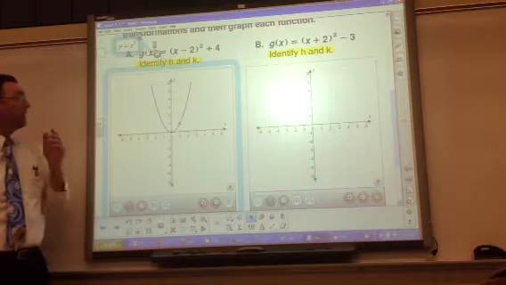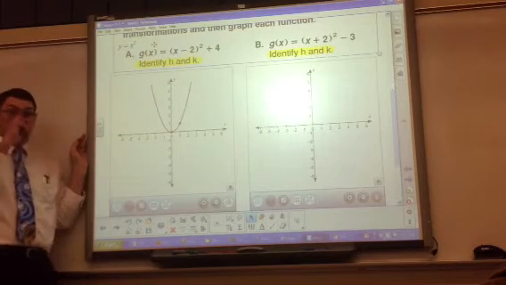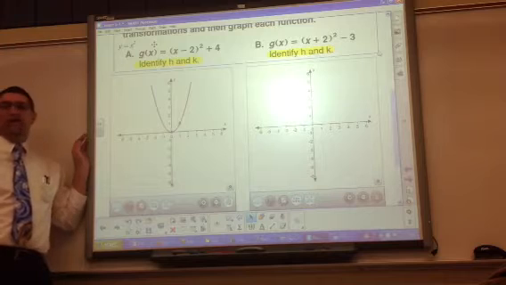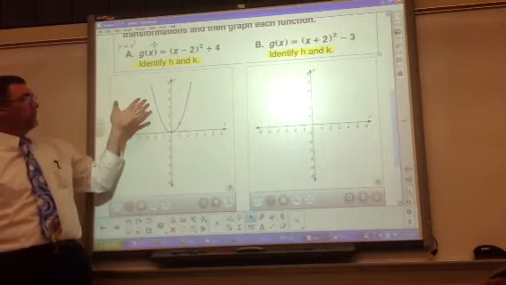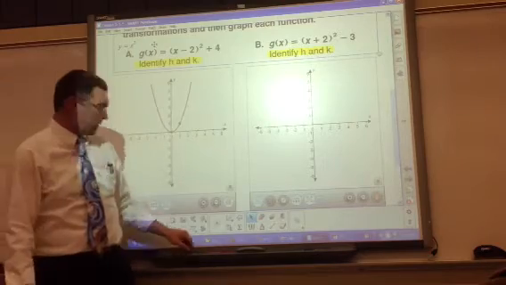So here's the graph of x squared. When we identify h and k, all we're going to be doing is taking that graph and moving it left and right, up and down.